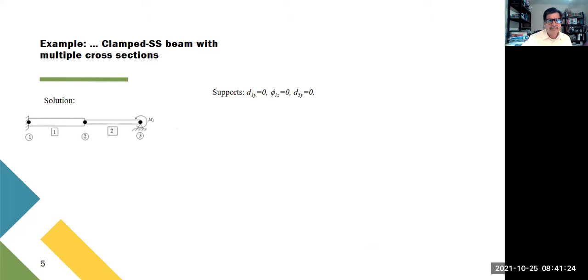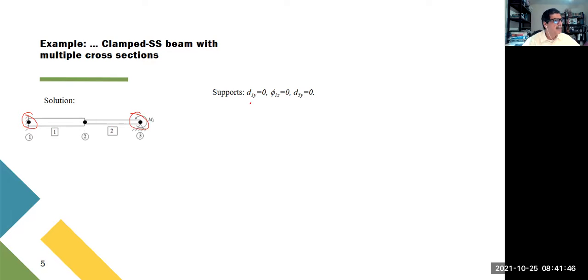The solution. Remember, we have to have enough geometric boundary conditions or points of support in order to avoid rigid body motions. So in this case, we recognize from our previous courses that no translation, no rotation because it's clamped. And here, no translation.